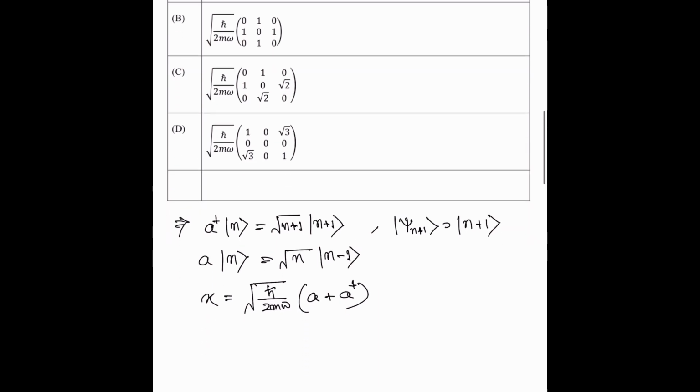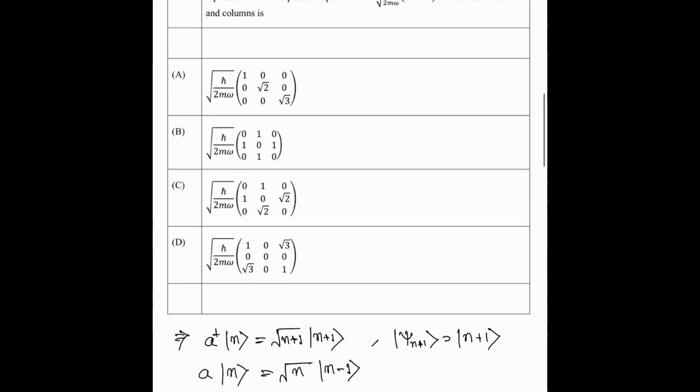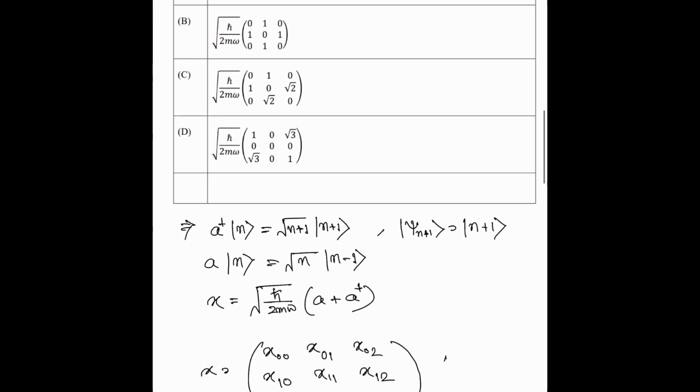What I need to calculate is the matrix representation of x, which is given by x00, x01, x02, x10, x11, x12, x20, x21 and x22. This is the matrix representation because n starts from 0 and goes to 1, 2 like this, integer values.